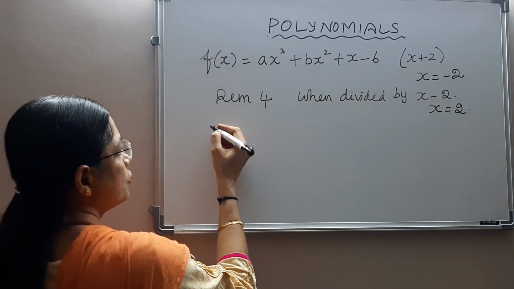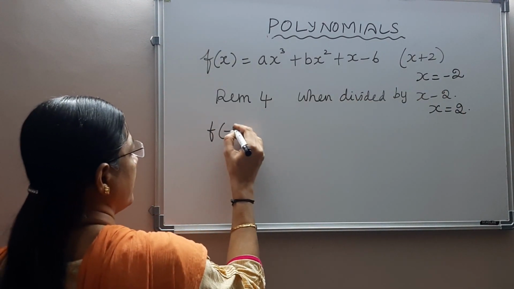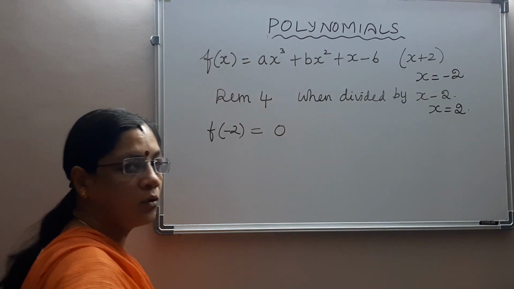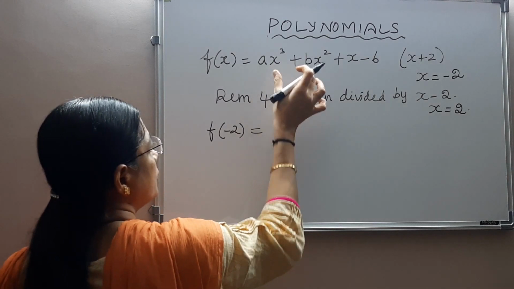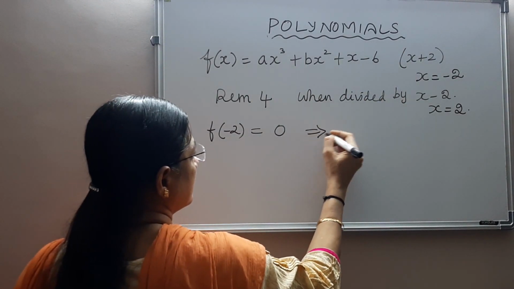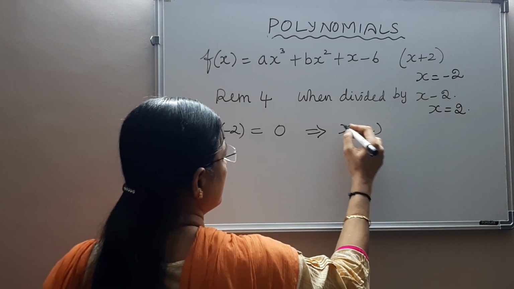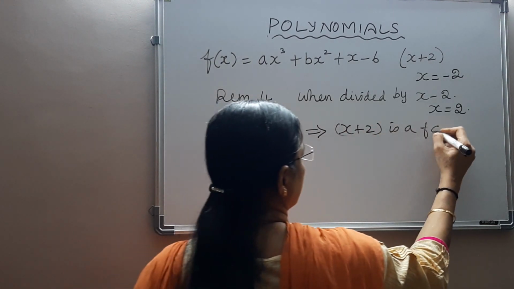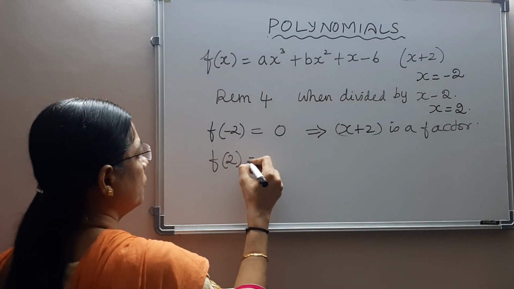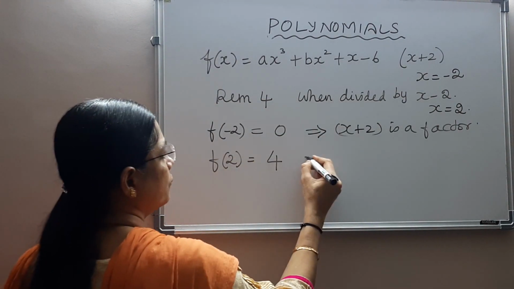Now let us write it short. See, f of minus 2. When x is equal to minus 2, you have 0 as the value. When you substitute minus 2 here, it should be equated to 0 because x plus 2 is a factor. And when I substitute 2 here, I get a remainder 4.